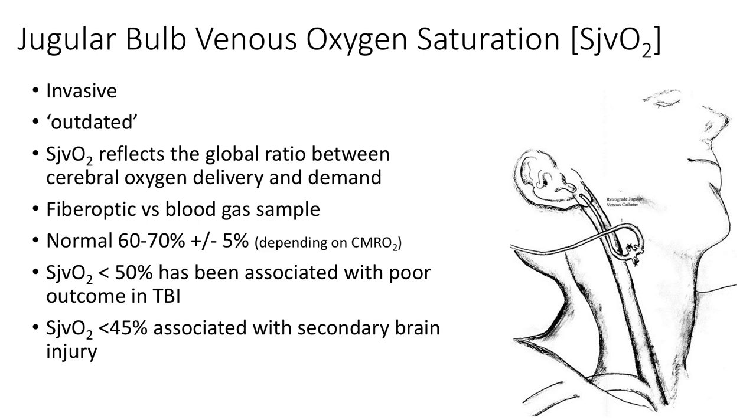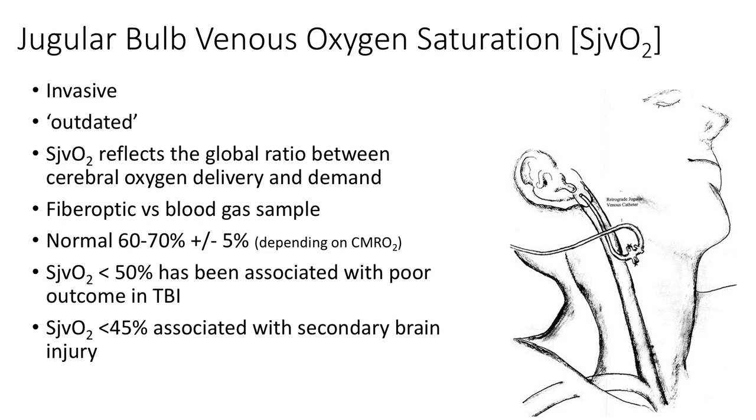It can be done with a fiber optic catheter versus measuring ABGs and VBGs. In the normal jugular bulb, venous oxygenation saturation is between 60 and 70%, depending on the CMRO2 or the conscious level of the patient.